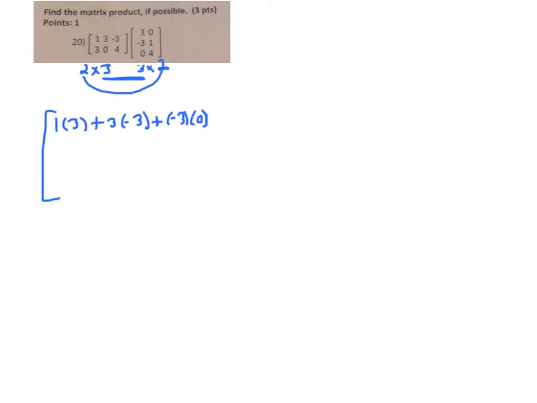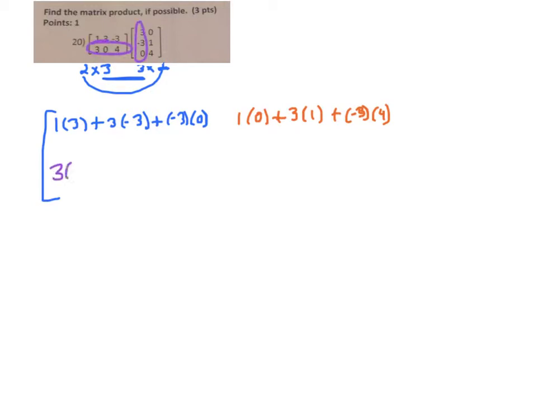And then we can move either direction. We can do the first row and the second column, and that's going to give us the top right element. So 1 times 0 plus 3 times 1 plus -3 times 4. And then we would move down in rows, and then first column.